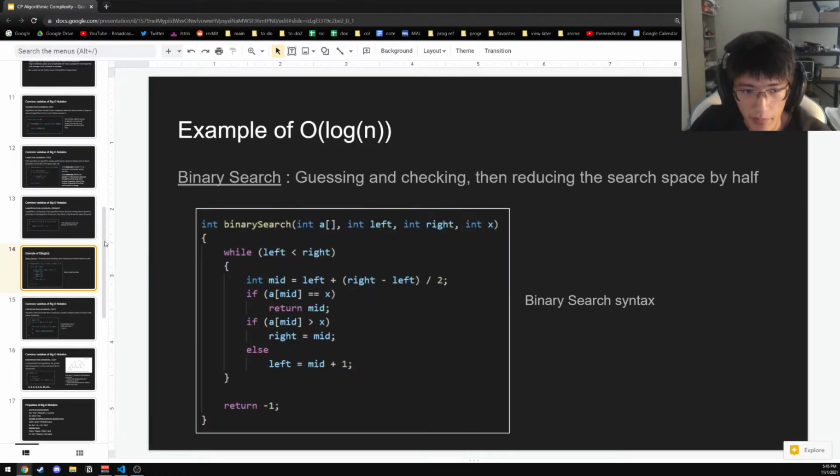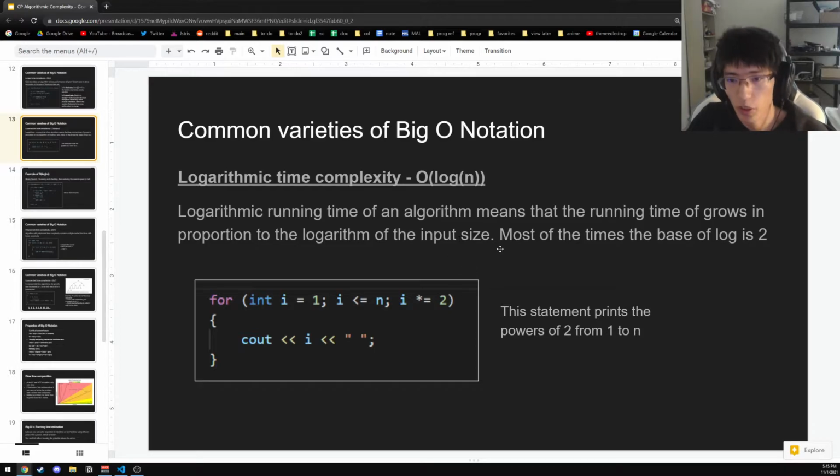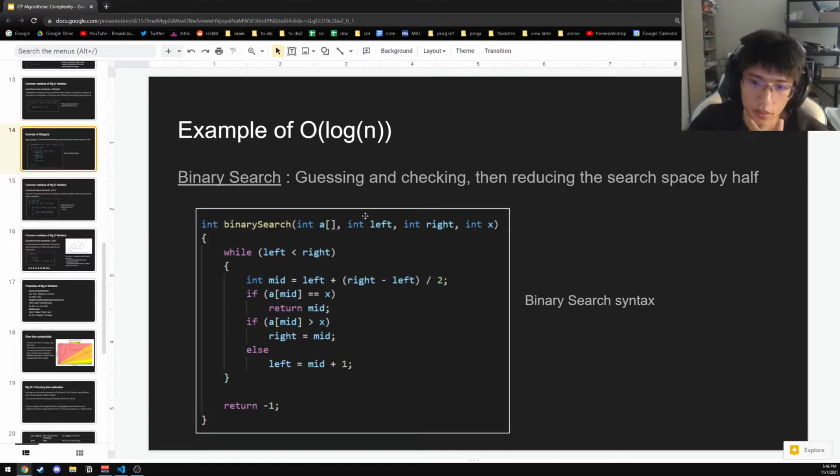And then some other examples are like log of n, which you don't have to worry about too much, but if you keep on multiplying by 2 every time or something, then it might take logarithm of 2. A more common example for logarithmic time complexity is going to show up with binary search.